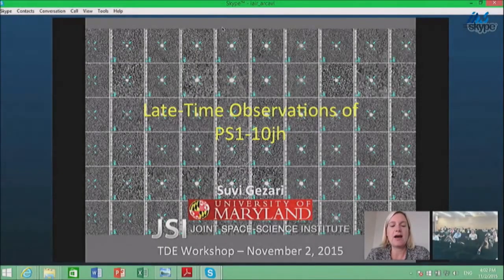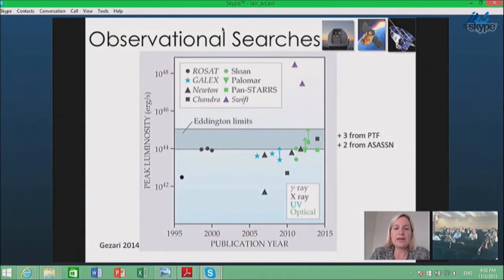For this optical nuclear transient, you've already heard some this afternoon about how optical difference imaging is becoming a powerful technique for finding tidal disruption events. So I just wanted to review a little bit how we've been finding these exciting transients in the nuclei of galaxies.